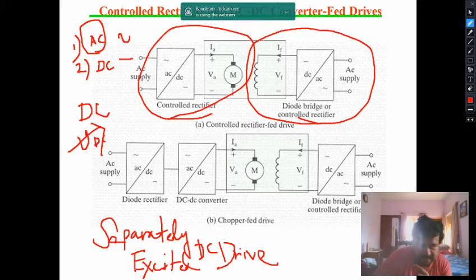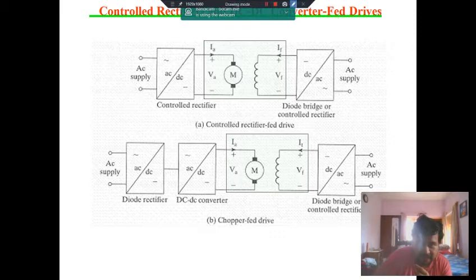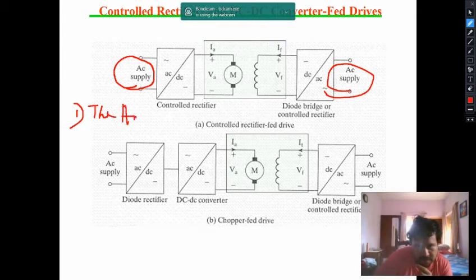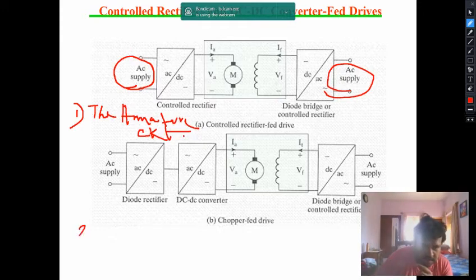But the problem is the supply available to us is an AC supply. Both circuits may be drawn from a single supply, because we have, number one, the armature circuit, and number two, the field circuit.